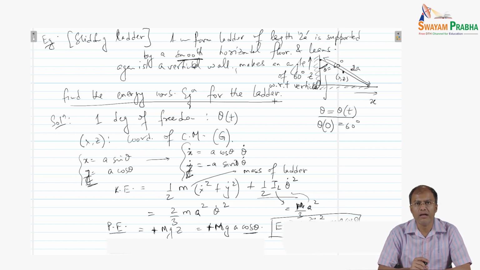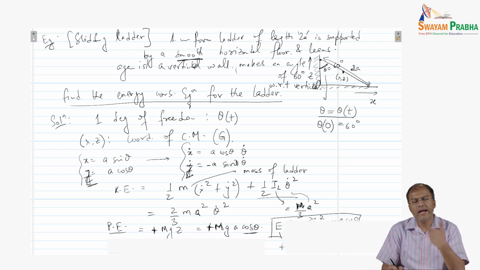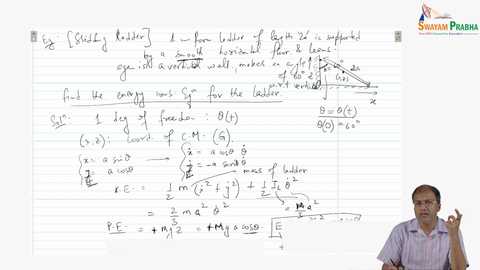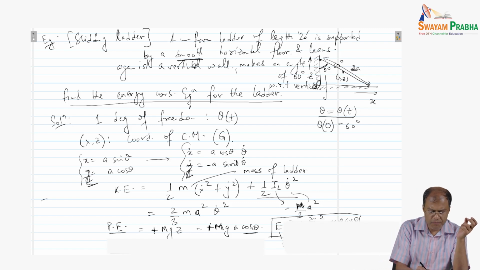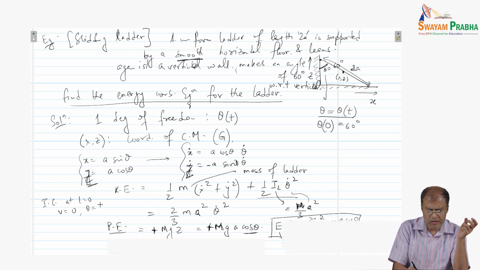For the ladder, now there is one problem with this setup. We don't know what this E is. To find this E, we need to look at the initial condition of the setup, and from there we can find this constant E. The initial conditions are, at t equal to 0, the velocity of the ladder is 0 and theta is 60 degrees.